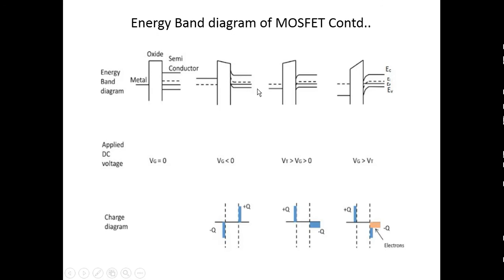So the energy band at the interface of the silicon oxide and the semiconductor is bent up like this when the gate voltage is negative. What is the reason for that? We will see. Don't worry.